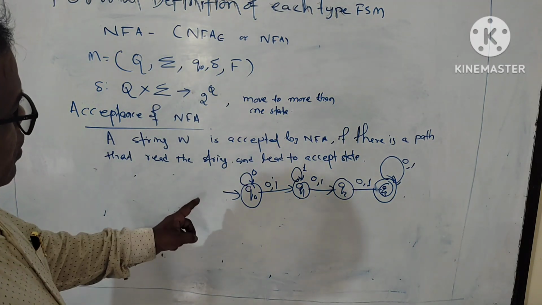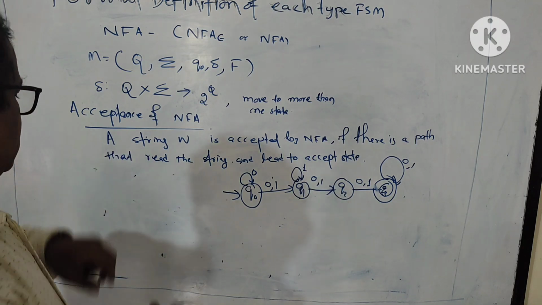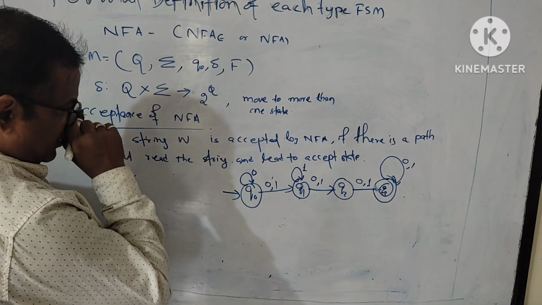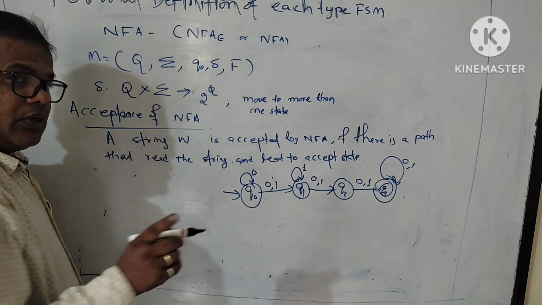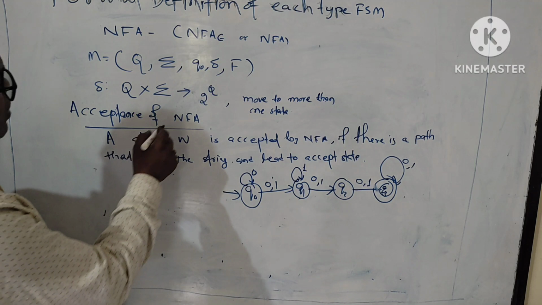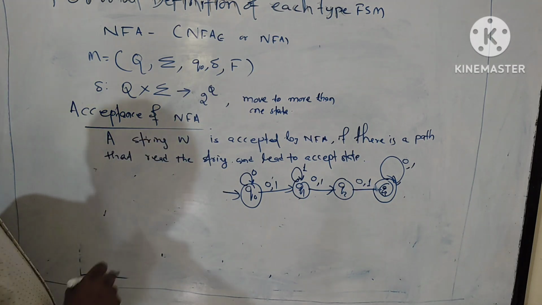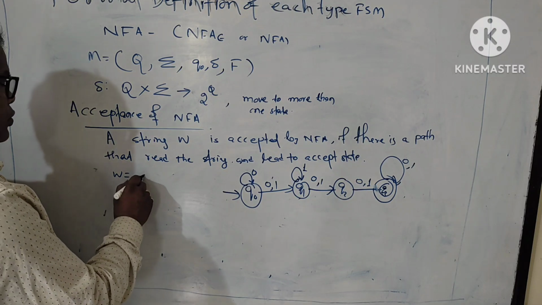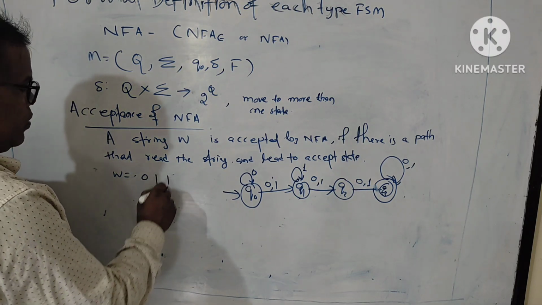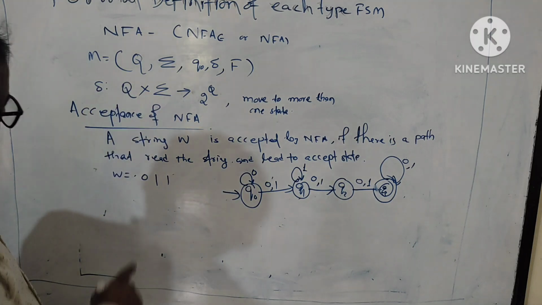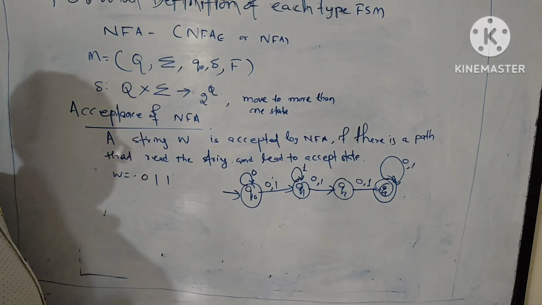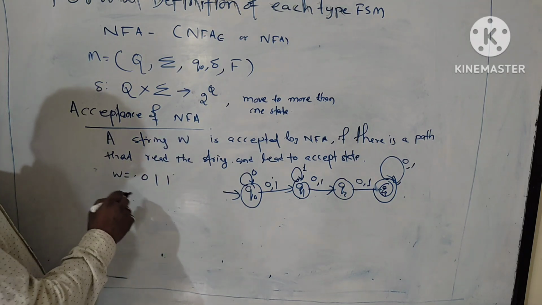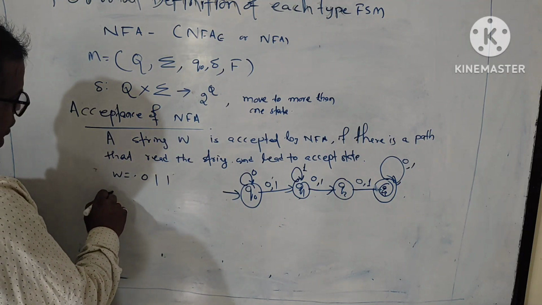What I have to do here is look into the acceptance of a string. Look at why this topic is called non-deterministic. From this example, let W equal 0, 1, 1. Let us take this string. We have to find a complete path.